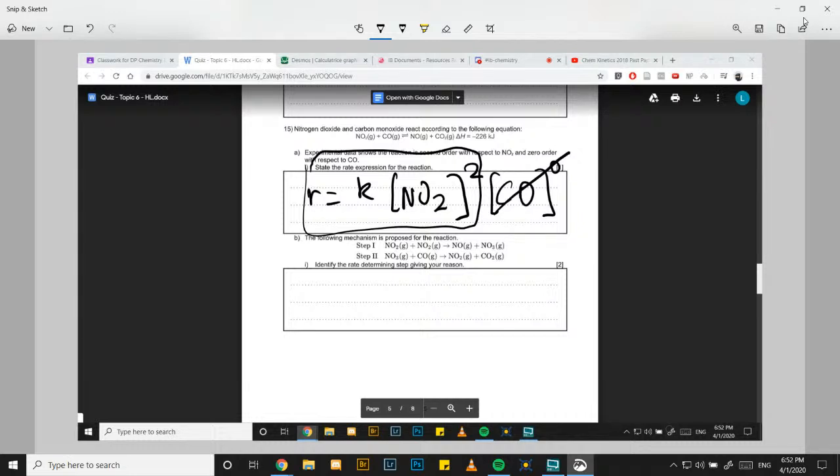Then the one below it: given the following mechanism proposed for the reaction, identify the rate determining step, giving your reason. The rate determining step is always the one that has the same rate expression as the overall reaction. So we need to figure out which one of these has the same rate expression as the one we found right above. For step one, the rate expression: that's one of the reactants, that's the other reactant, they're both the same, but let's treat them as two different ones. r equals k[NO2][NO2], which simplifies into k[NO2]^2.